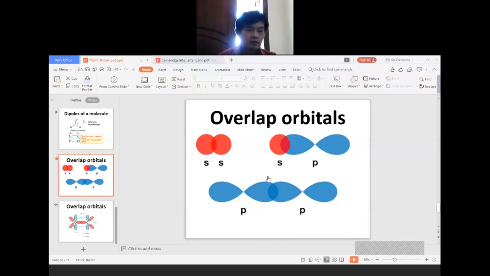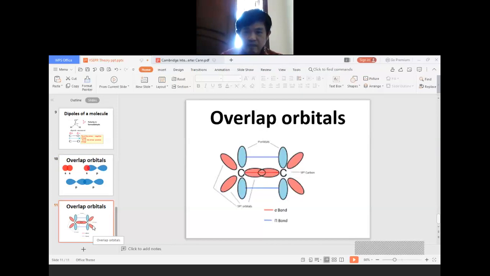And then there is a p orbital. What happens when p orbitals overlap? When p orbitals overlap, they will form a double bond. So the single bond here is called s orbital overlapping or sigma bond.